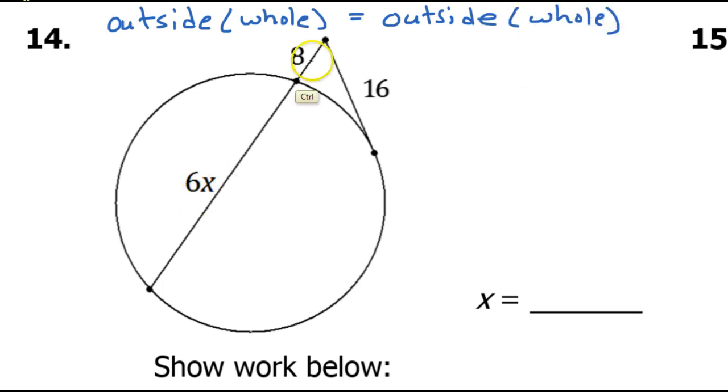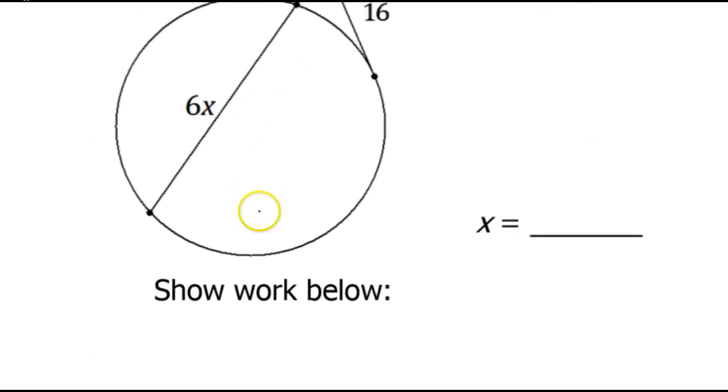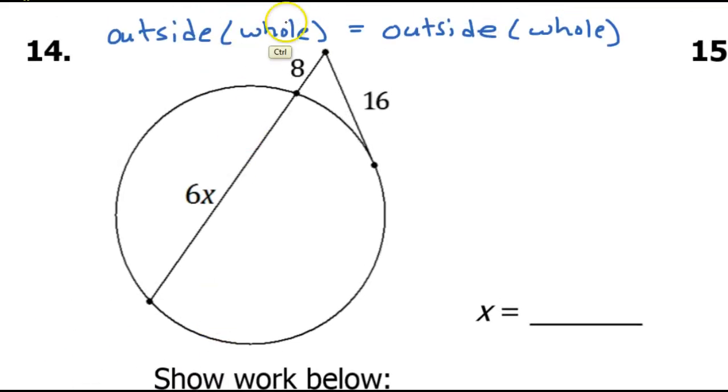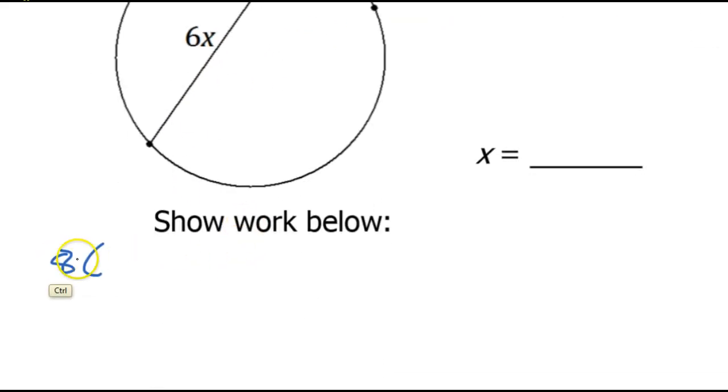Now, looking at the 6x and the 8, the outside is the 8. So when I say outside, I'm talking about the 8. When I talk about the whole thing, that's going to be the 6x plus the 8. So outside times the whole thing. That's 8 times 6x plus 8.